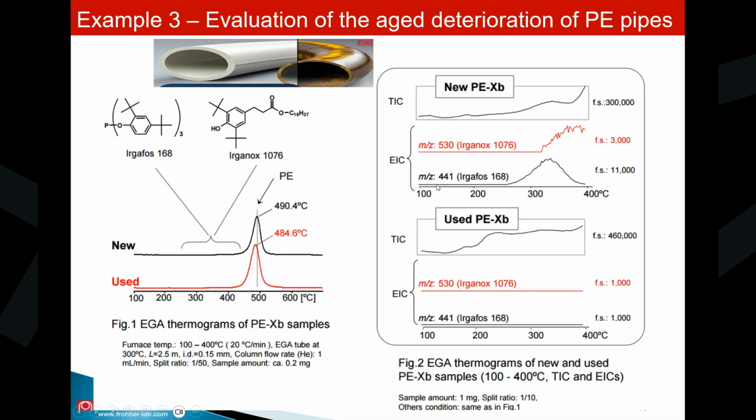The same thing can be confirmed when we look at the average mass spectrum of this Irganox and Irgafos. In the new material, we can see clear peaks for both these antioxidants, whereas in the used polyethylene, these two compounds were absent.